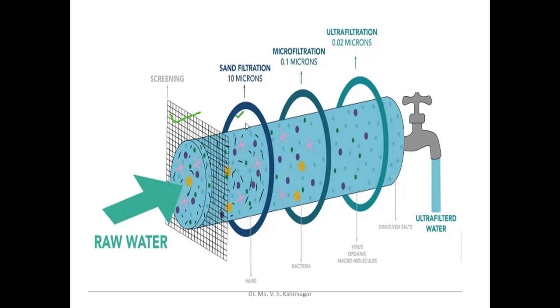Then in the next stage there is a microfilter, where particles up to 0.1 micron size will pass through the microfiltration. And then at the last stage there will be ultrafiltration.